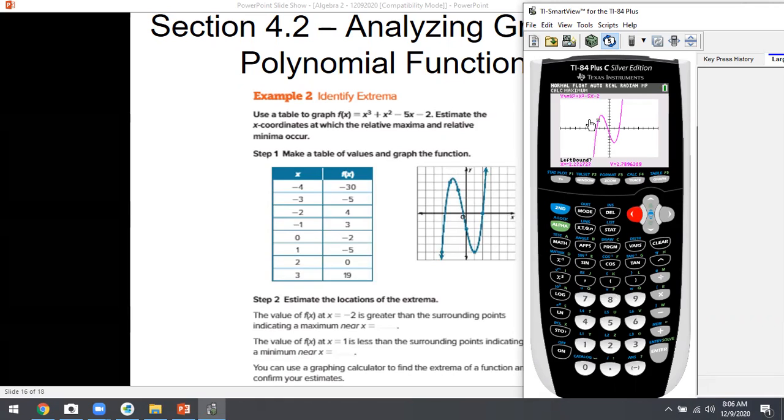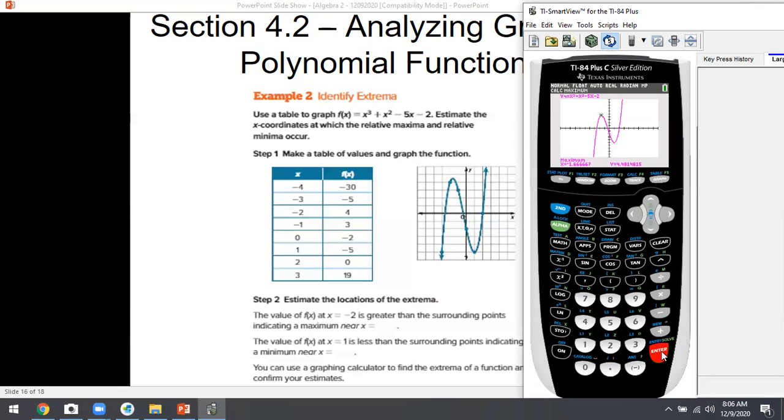Left bound, same thing. Go anywhere to the left of the hump. Right bound, anywhere to the right of the hump. Guess does not matter. And you would tell me that there's a local max. Do you remember your terms local and global? Do you remember that stuff? Local, always a local extrema. As a refresher, the book might say relative extrema. So I did define it both ways when we first learned that. I said, okay, they might say relative. I'll say local.